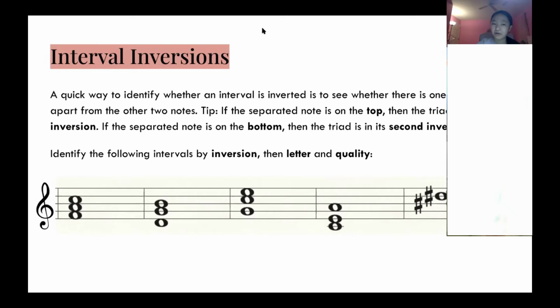Okay, so now that we know those tips, let's try to identify the following triads by inversion, and then letter and quality. But we're going to do inversion first. For this first one, everybody type in the chat which inversion you think it is.